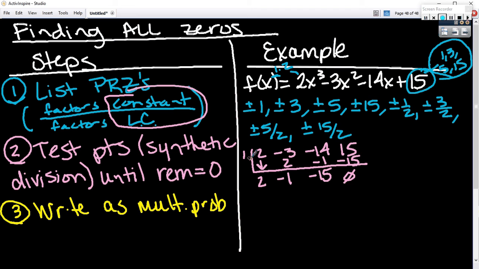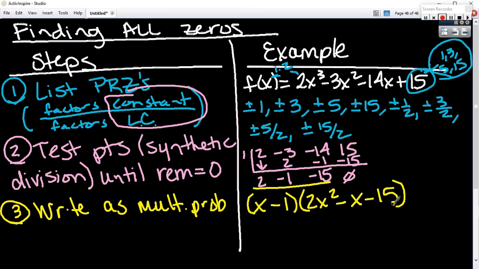If I write that as a multiplication problem, I've got x, what's it going to be, +1 or -1? -1, and what is this going to be? 2x squared minus 1x minus 15. Okay? Now, wait, why is that going to be x minus 1? Because you take the opposite sign of what's there. Oh wait, I have to just continue going like the 3 to 5. We do have to continue, yes.